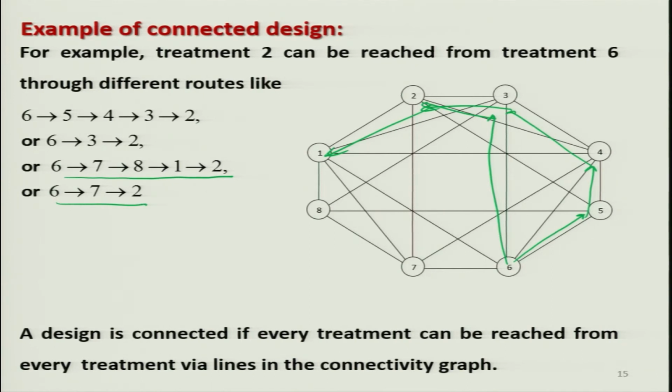So, I can say that a design is connected if every treatment can be reached from every treatment via lines in this connectivity graph. This is the graph which I have shown you here.